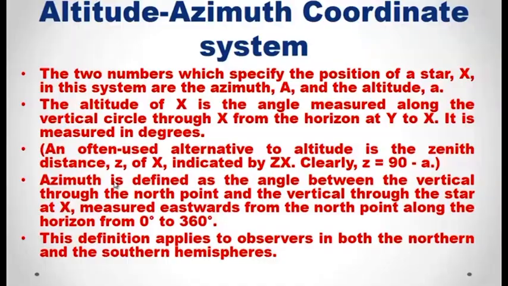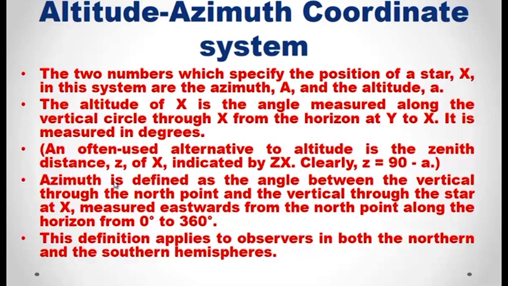In general physics, we use 2 coordinate systems: the rectilinear or rectangular coordinate system, and the spherical coordinate system. There are equations and formulae to convert rectangular coordinates into spherical coordinates and back. Here in the altitude azimuth coordinate system, spherical coordinates are used.